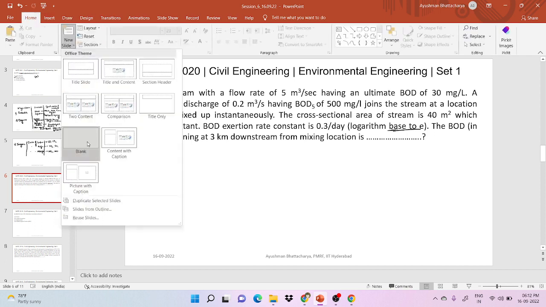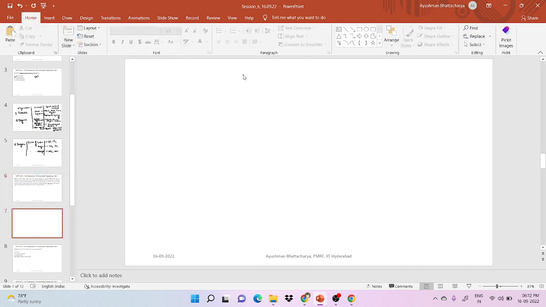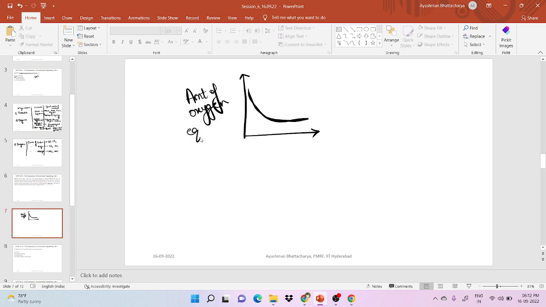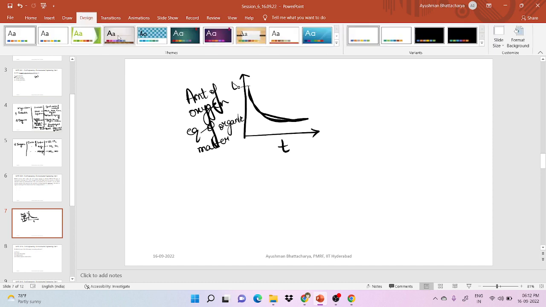Now we will start with the basic concept. We know the graph of the amount of oxygen equivalent of organic matter with time t is this one. This is the initial organic matter L naught. I will draw it properly.